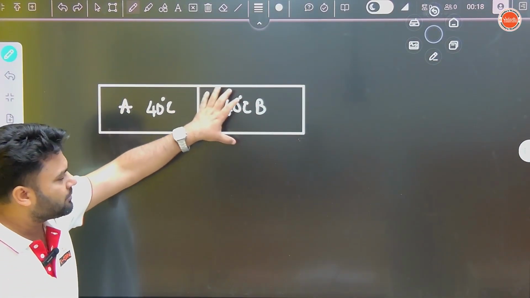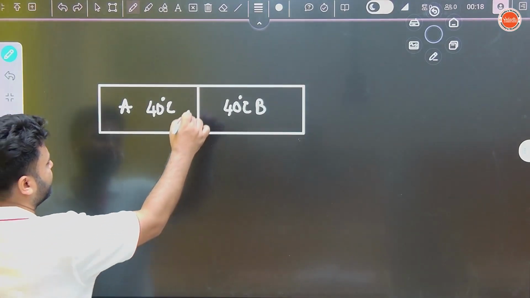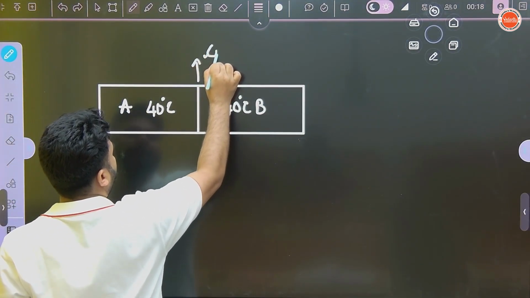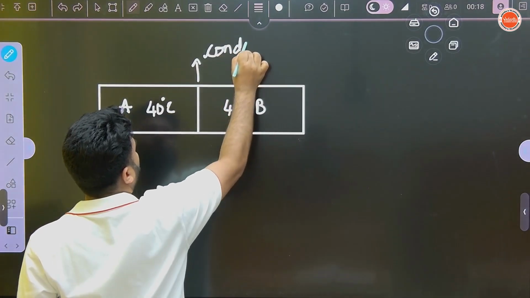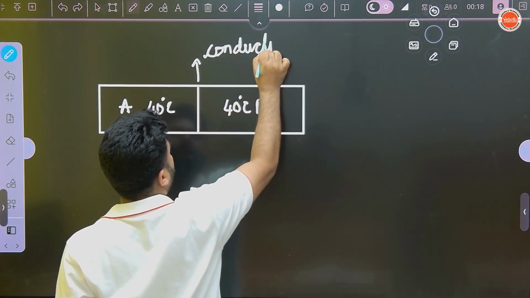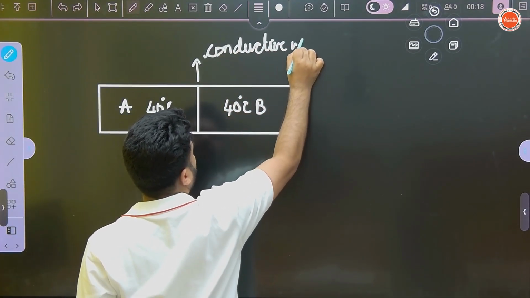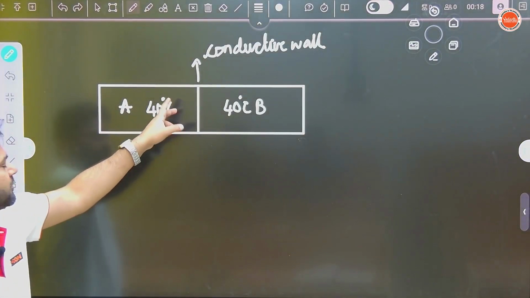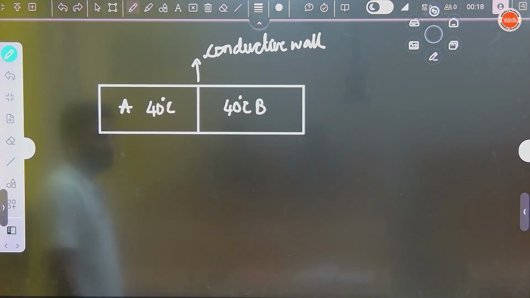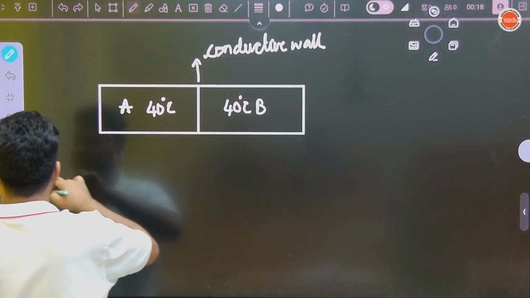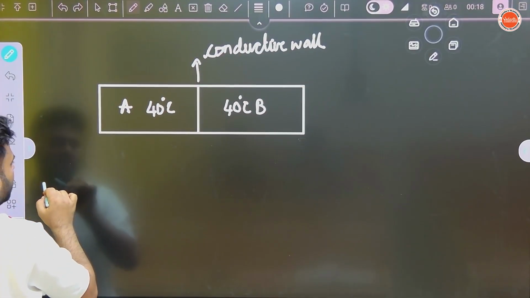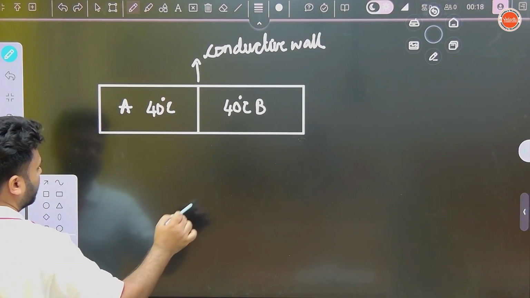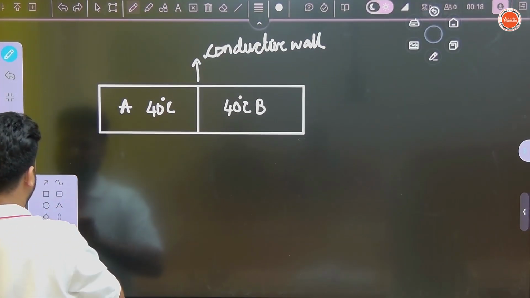If A is in thermal equilibrium with B, remember this is a conductive wall. Conductive wall means heat can conduct, but now it will not conduct because both temperatures are the same. And body B is in thermal equilibrium with C. Suppose I draw like this.